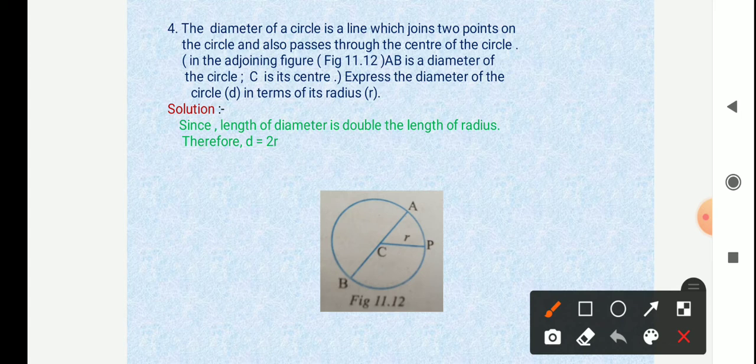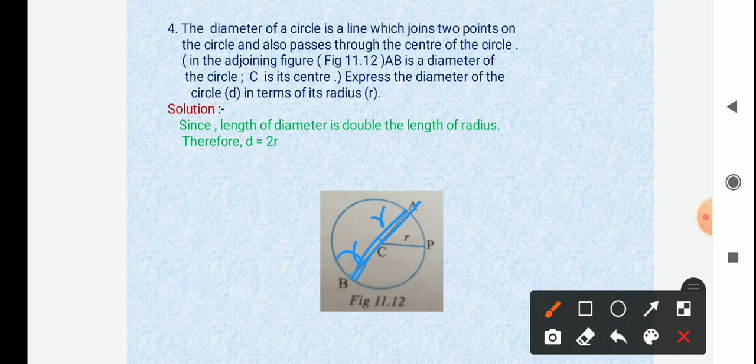The length of the diameter is double the length of the radius. We know that the diameter passes through the center of the circle and joins 2 points on the circle. So here AC is radius R and CB is also radius R. So the diameter is double the length of the radius.